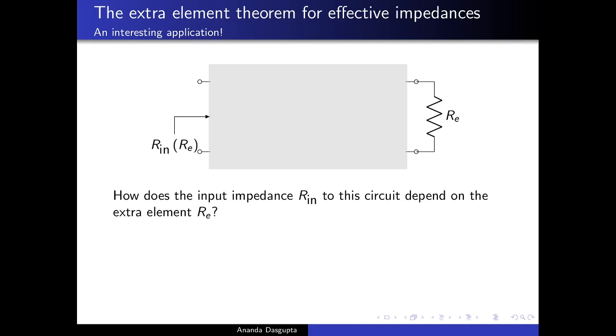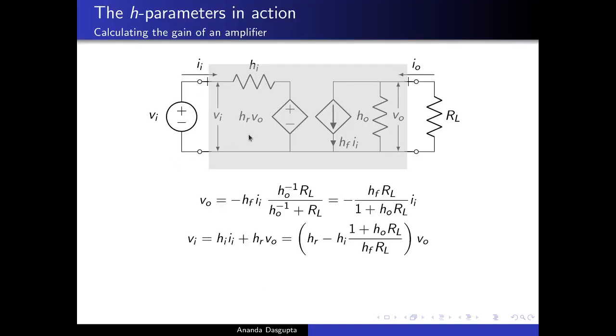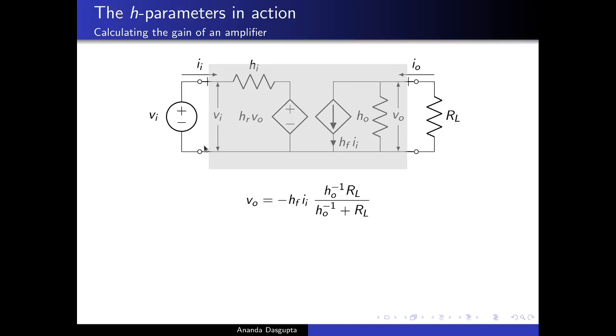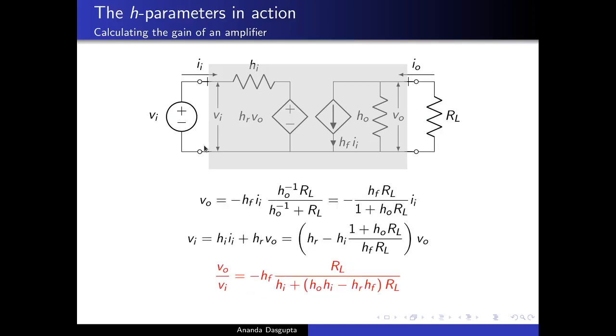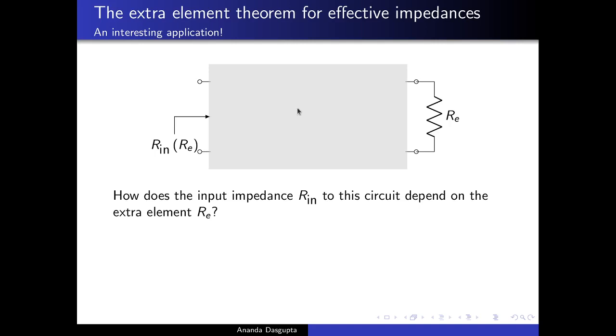The theorem is something like this. Suppose I have a two-port network where I want to find the effective input impedance across one pair of terminals. And there is one more thing out here, which is an extra resistance which you can connect across the output terminals.